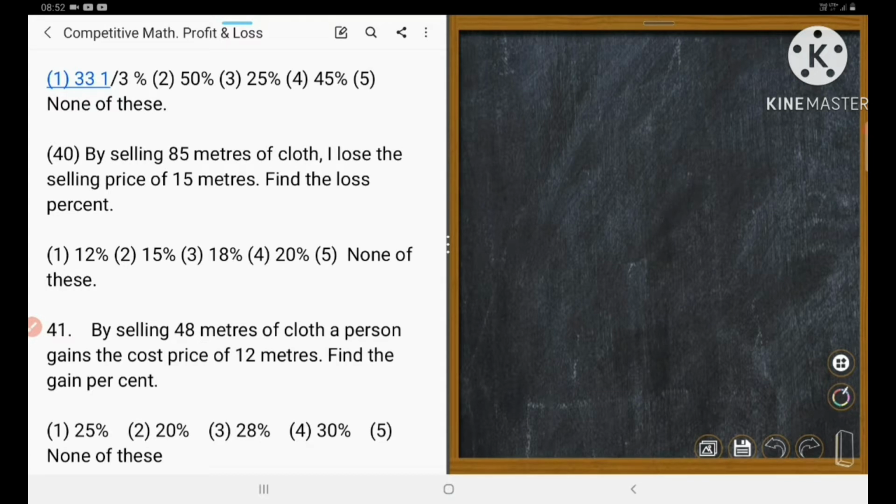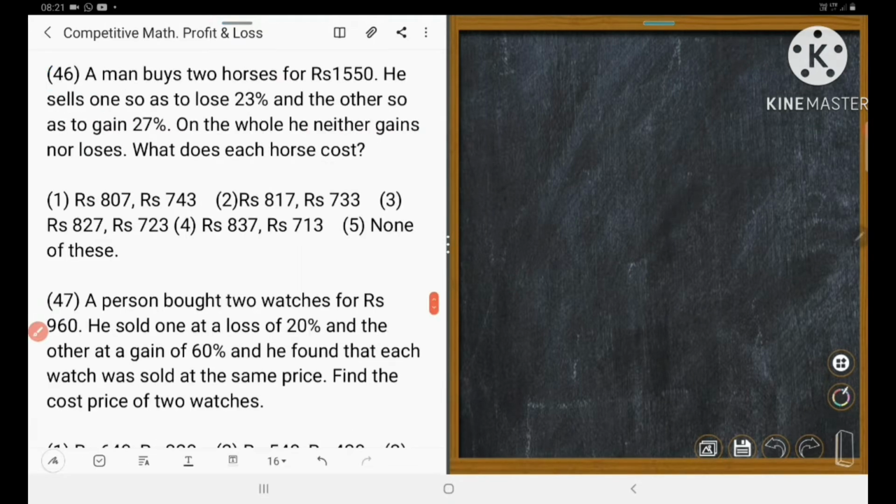Today we shall discuss some arithmetic on profit and loss. Next one is 46. A man buys two horses for rupees 1550.